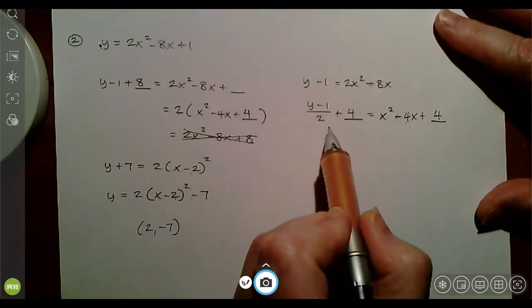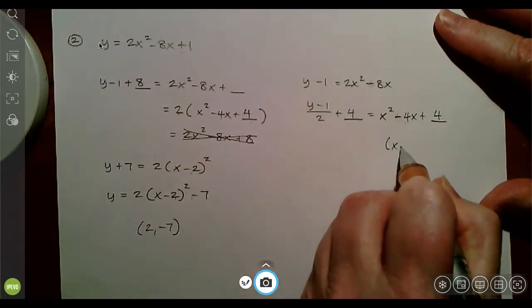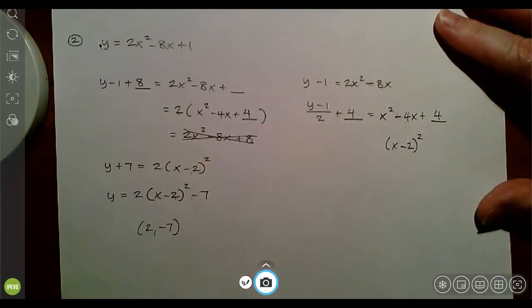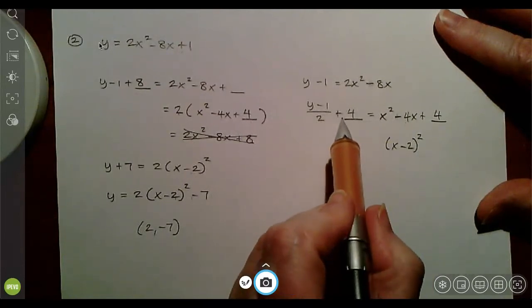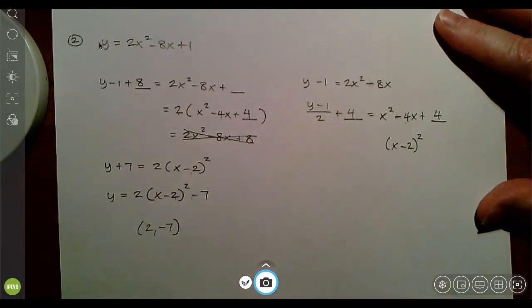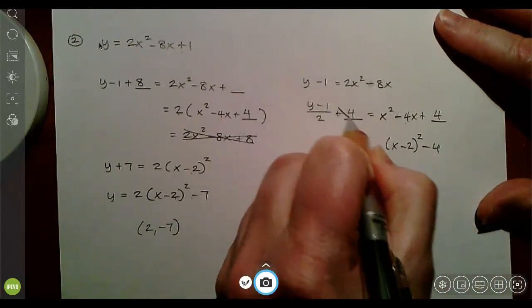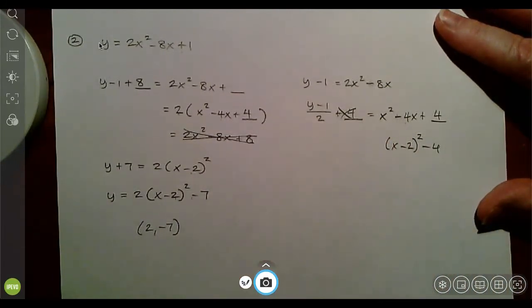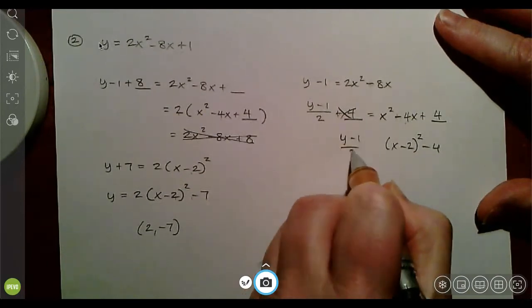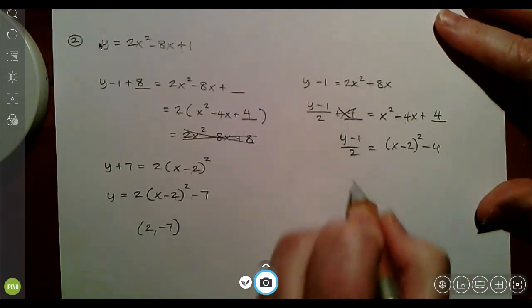And then now I have over here x minus 2 squared. And then you can go ahead and add or subtract the 4 from both sides back here. And now we have y minus 1 over 2. And now I need to double everything.